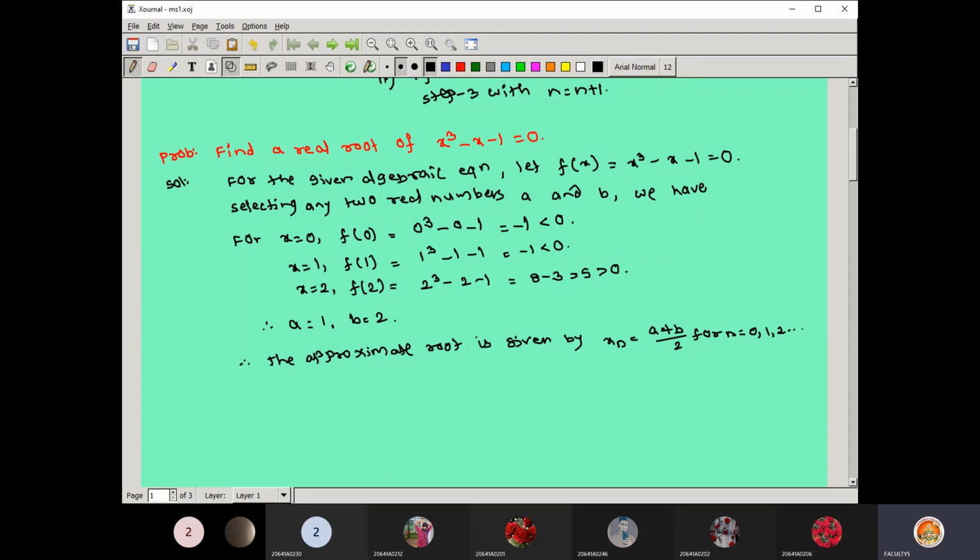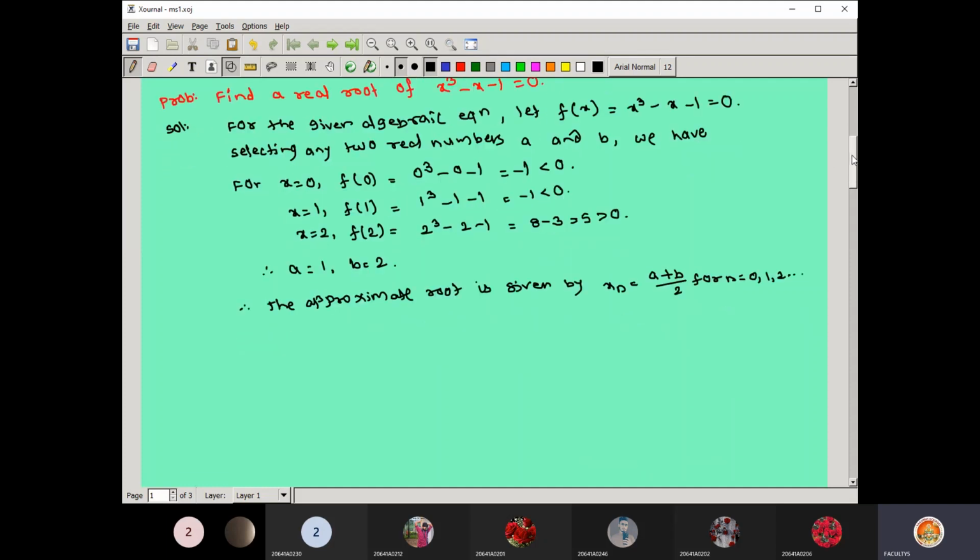By using this expression, you calculate the approximate root. If I substitute the first value, that means n equal to 0, you get x naught equal to (a plus b) divided by 2. Your a value is 1 and b value is 2. Better you should have a calculator.